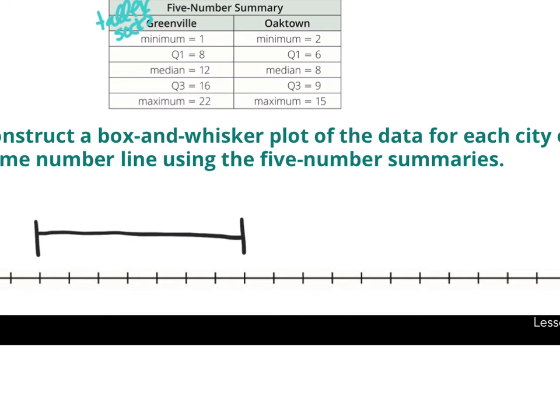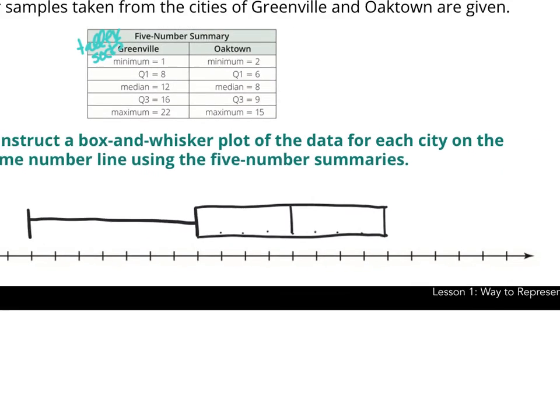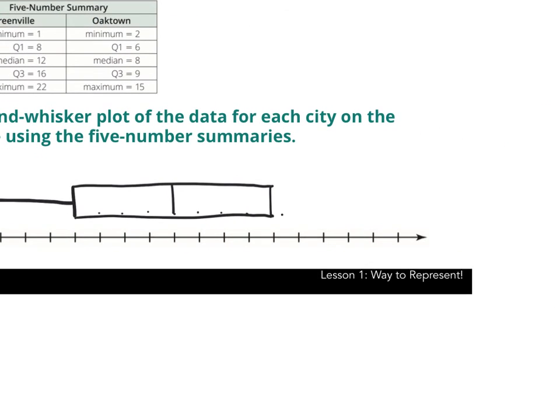It's my median. 12, so 9, 10, 11, 12. Line here. 16, 13, 14, 15, 16. The 3 lines in the middle are your box for your interquartile range. And then 22. So 17, 18, 19, 20, 21. It ends at 22.